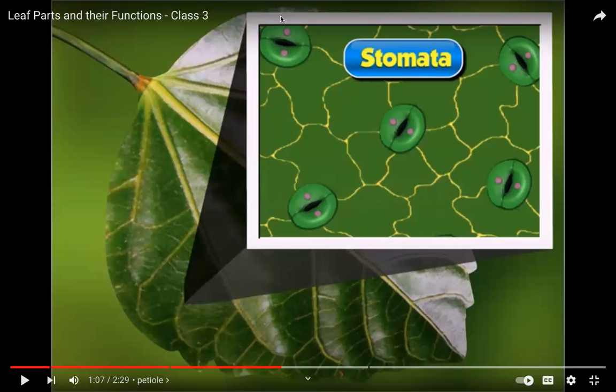Okay, Debangshu, tell me what is a stomata?